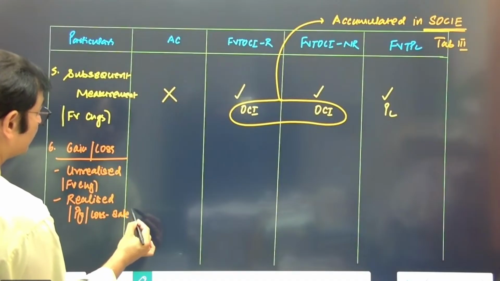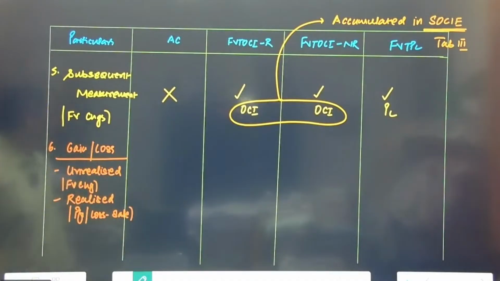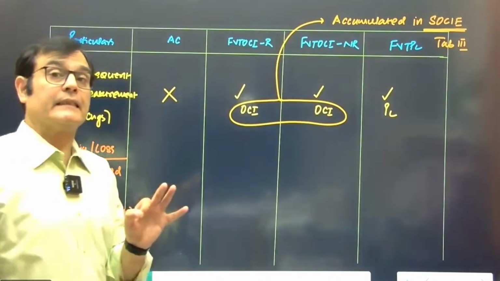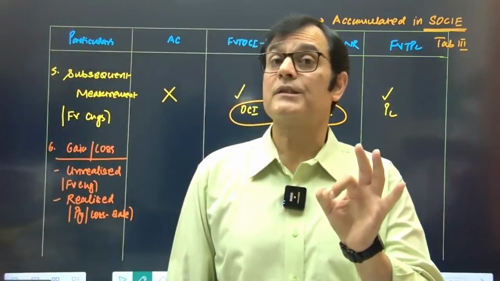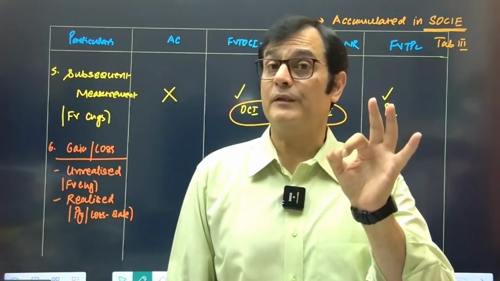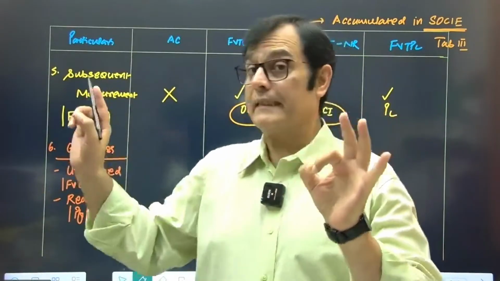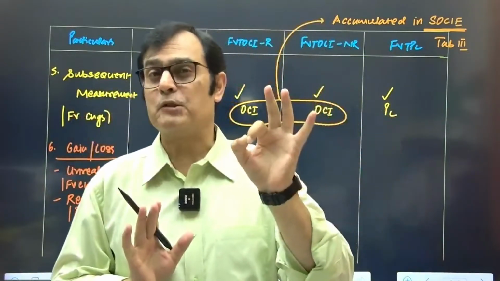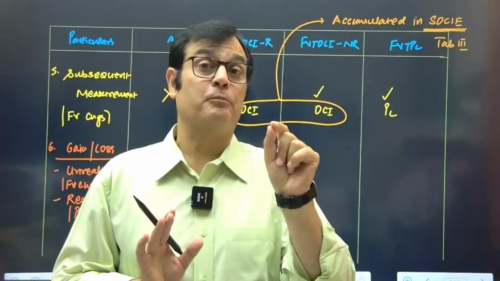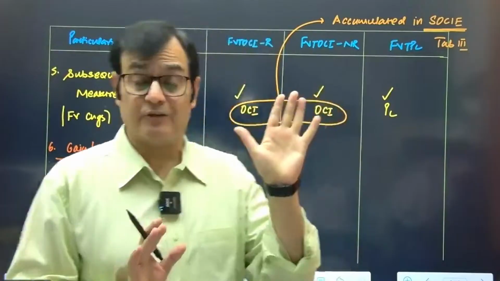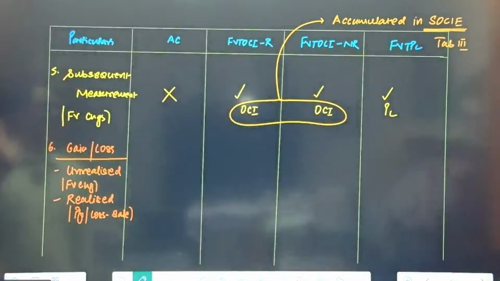These are the two elements I need to be careful on, because we need to be very clear in which category, what is the treatment of the unrealized gain or loss. Unrealized gain or loss means the fair value gain or loss, which already is captured in point 5, but to put it explicitly. And there will be a realized gain or loss, which is a profit or loss on sale of the financial asset. Let's come to AC.